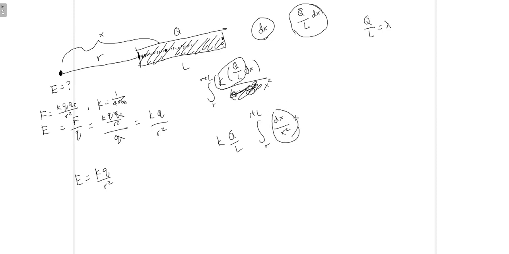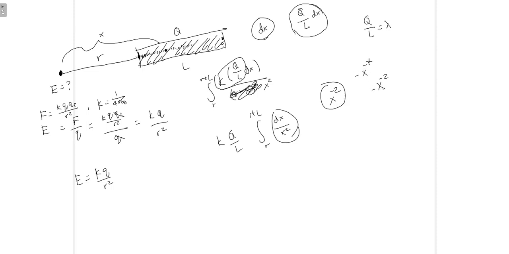We know how to integrate this. This is also known as x to the negative 2. So to integrate this, what has a derivative of this? x to the negative 1. If you take the derivative of this, it'll be negative x to the negative 2, and this one is positive, so we need to make sure we add a negative in front.